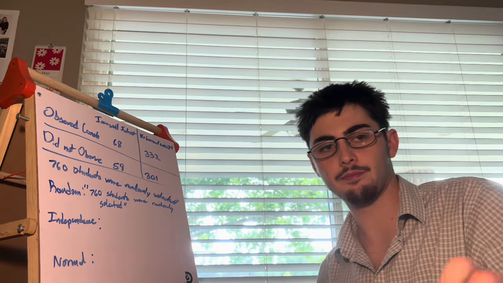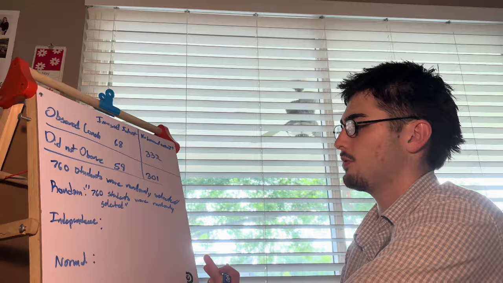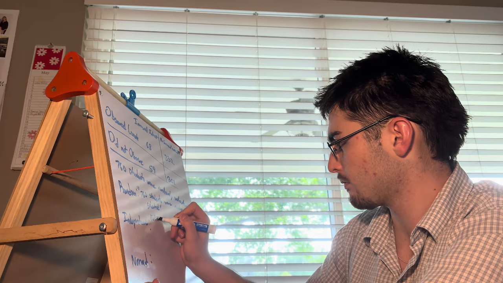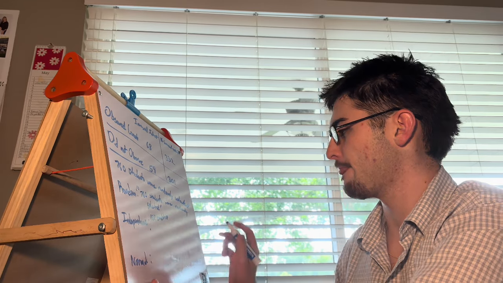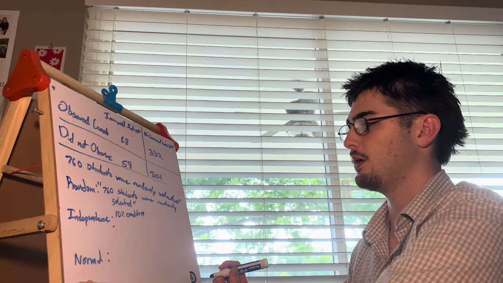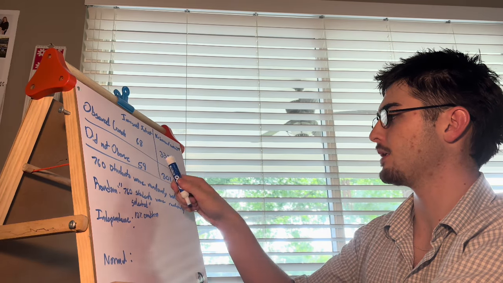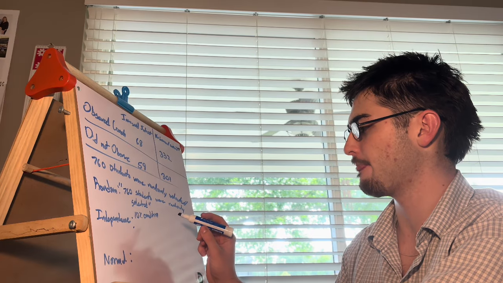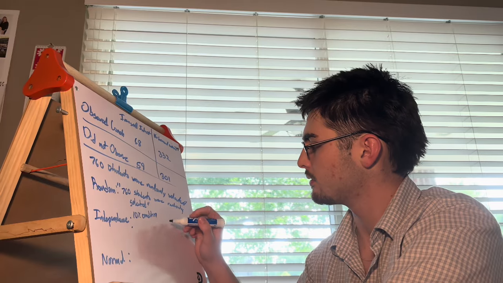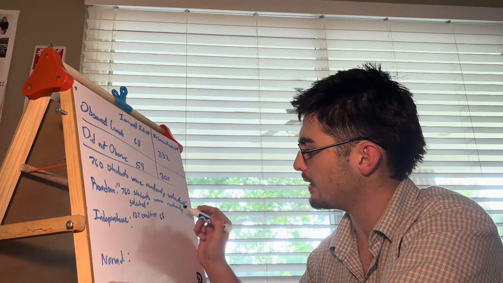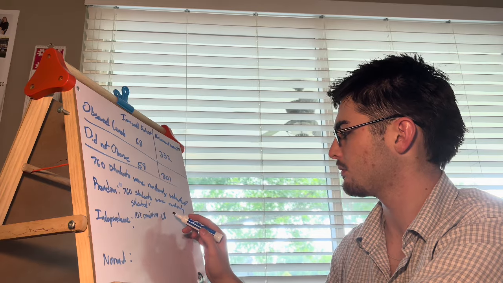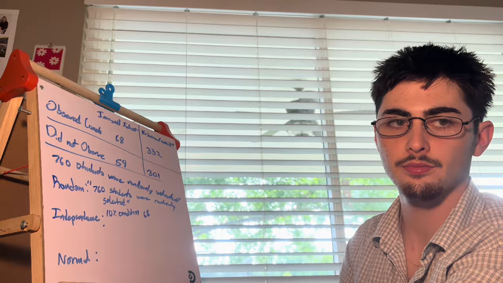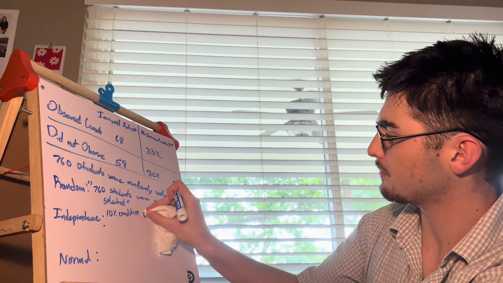Next step is independence. So for independence, what you're going to be using for this one is the 10% condition. So you're going to write 10% condition. Then after that, you're going to take the total number of students, which is 760, right? Actually, no, that's wrong.